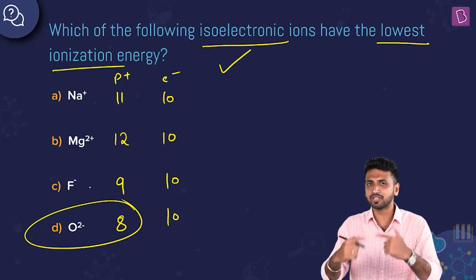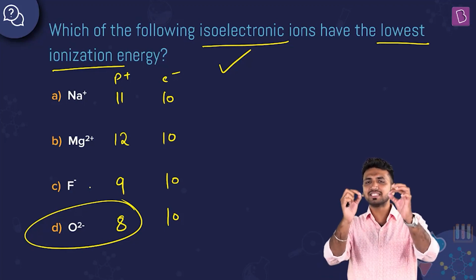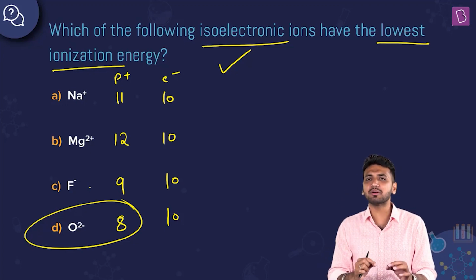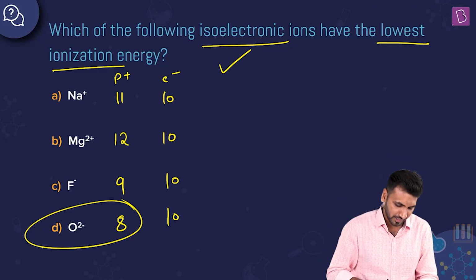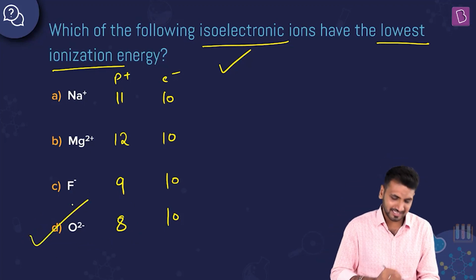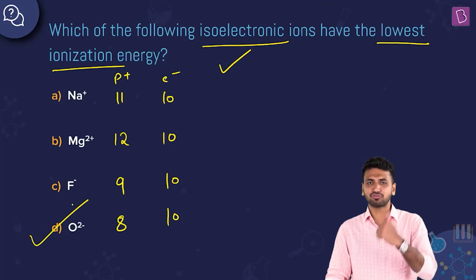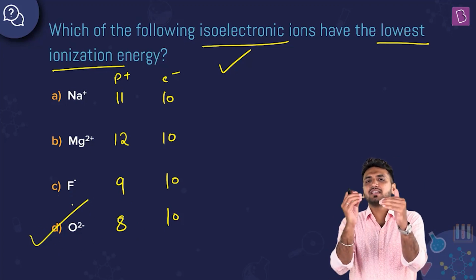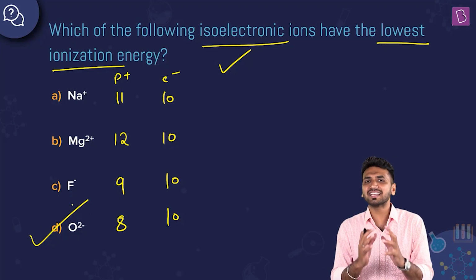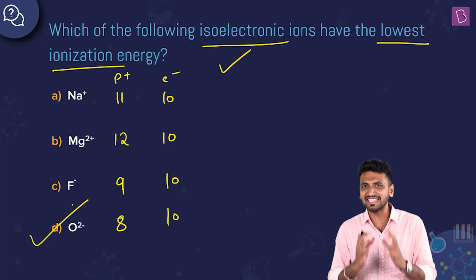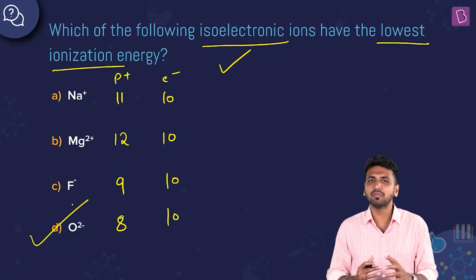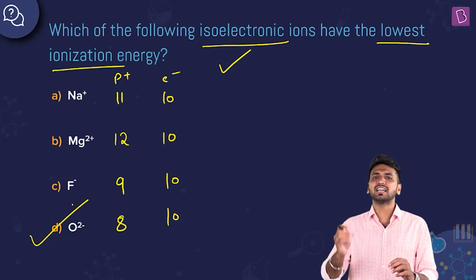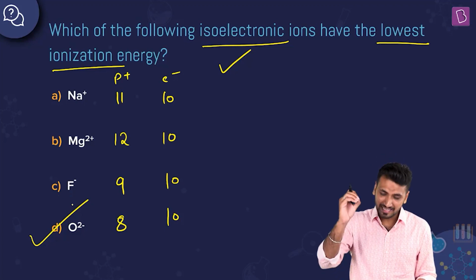What do I say? I'll repeat it once more. If the effective nuclear charge is minimum, then the ionization energy is going to be minimum, and that is why option D is the right answer. Let's recall the concept. If the number of protons in the nucleus is the least, then the effective nuclear charge is going to be minimum, and then the ionization energy is going to be lowest.